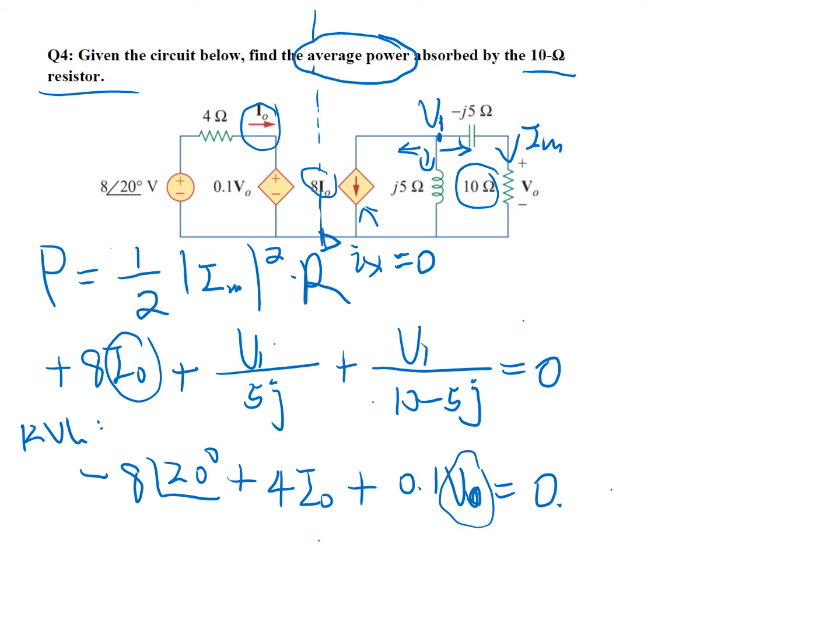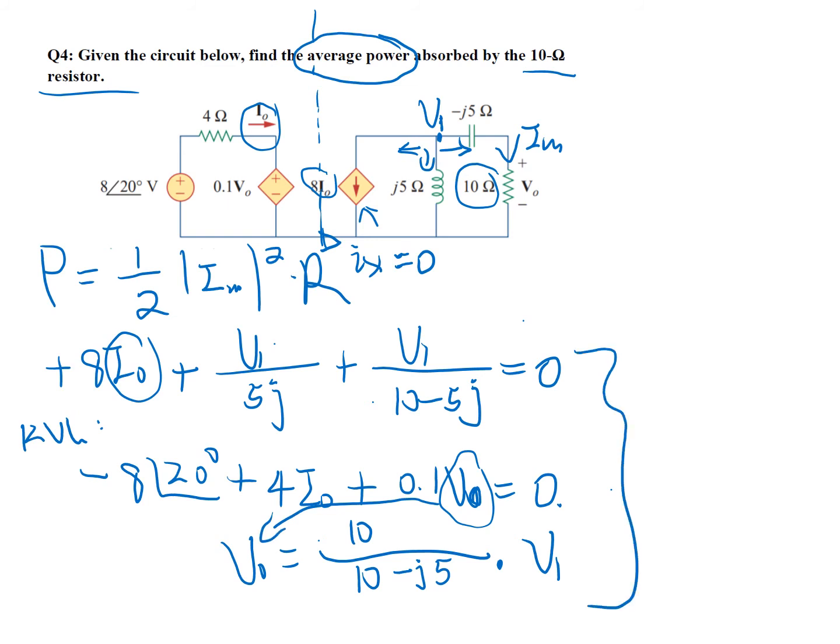Well, we can express V0 by using V1, by using voltage division. We have V0 is equal to, that's the voltage across 10 ohm resistor, and the total impedance is 10 plus negative 5J times the total voltage, which is V1 minus 0. That's V1. So V0 can be expressed like this.